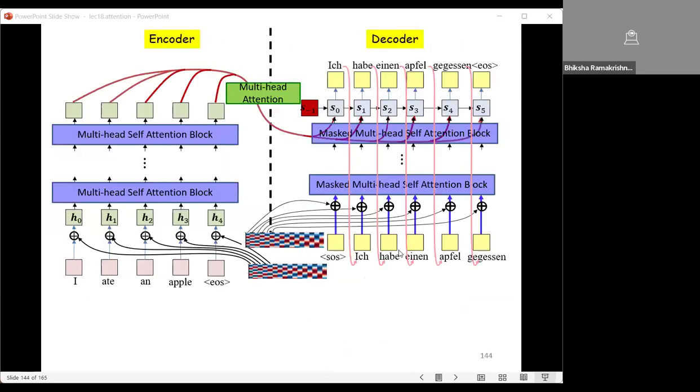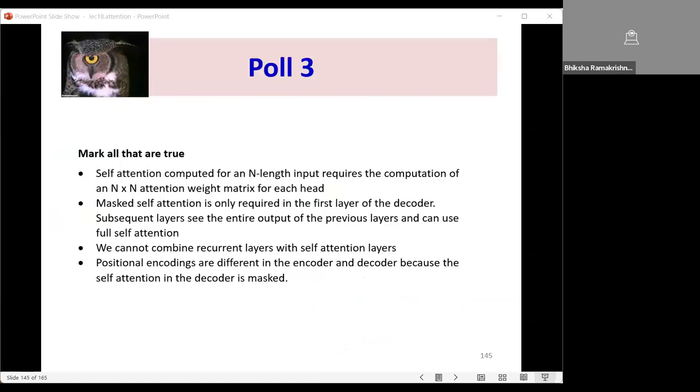So, and this is your entire model. Let me give you this final poll. Actually, this is the third poll. Can you guys see the poll?